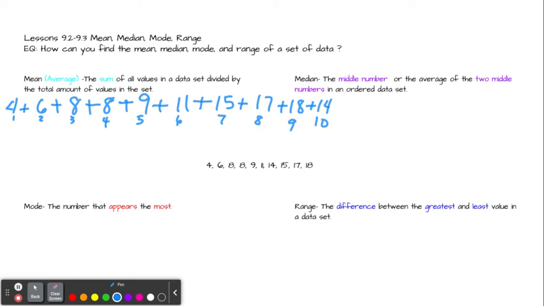All right, so now we're going to add all these numbers together. And I would say use a calculator, and that's fine. So I used my calculator, and when I added it all together, it equals 110. So now we have to divide it by the total amount of values in the set, which was 10. And 110 divided by 10 will give us 11. So our mean equals 11.